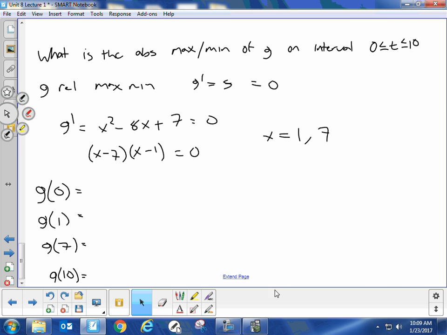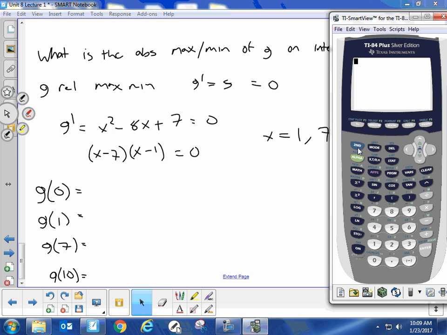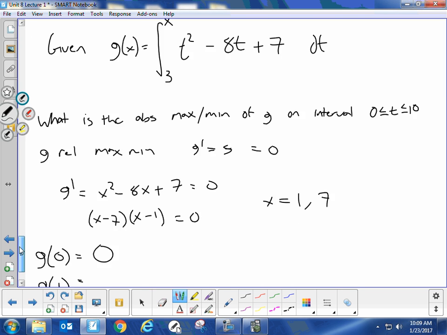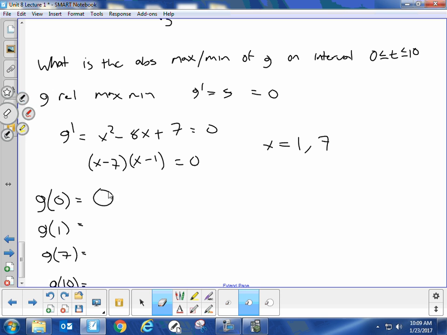And it will take a lot less time for your calculator to go from 3 to 0. You know, this is going to be 0. That's easy. But 0, oh, sorry, 3. We're going from 3. So this would be the integral from 3 to 0 of t squared minus 8t plus 7.